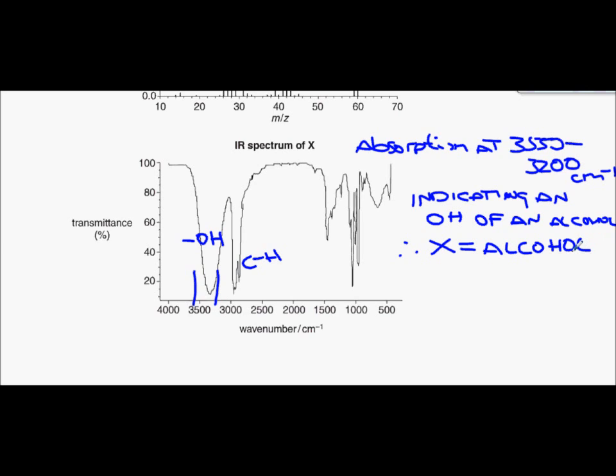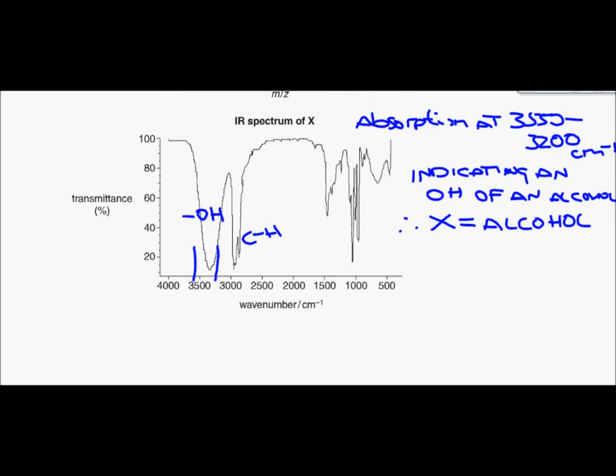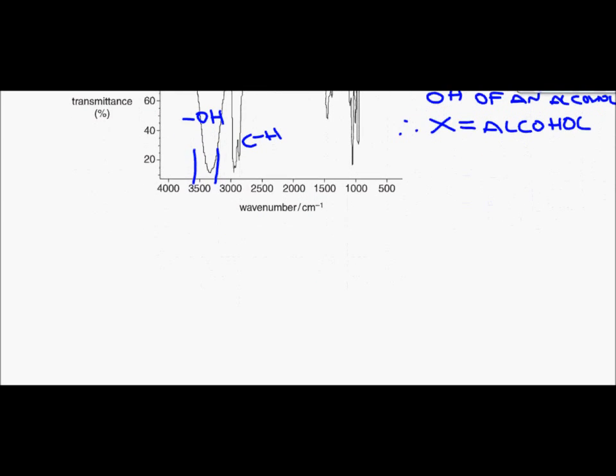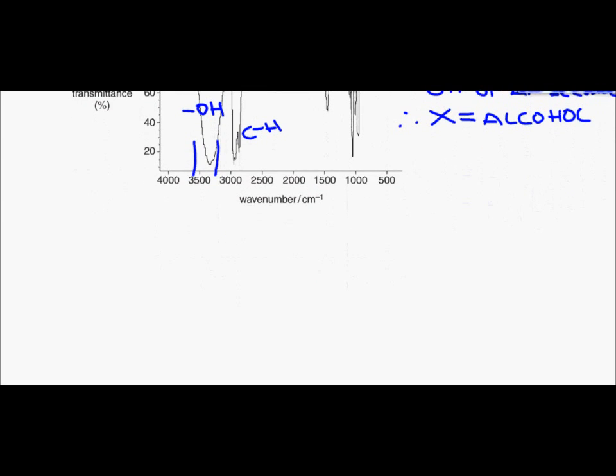So that's your next marking point. Then if we continue on from there, we can say that we know we've got our molecular formula C3H8O, and it's going to be an alcohol.